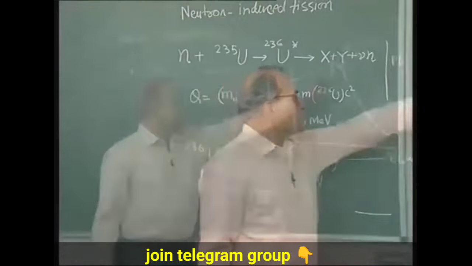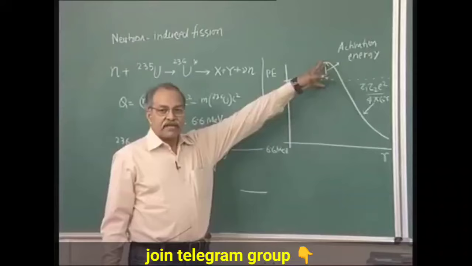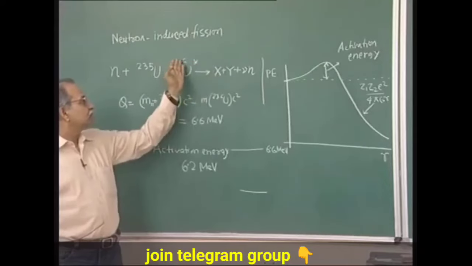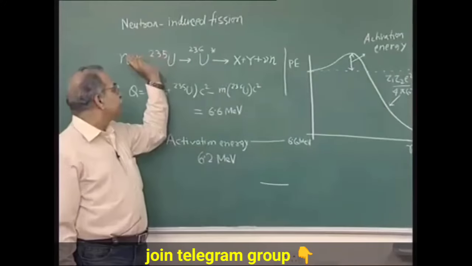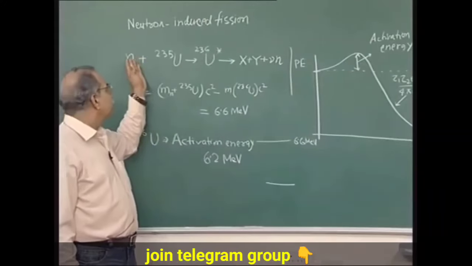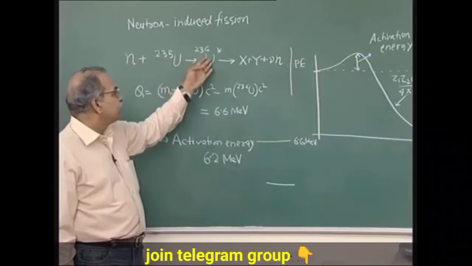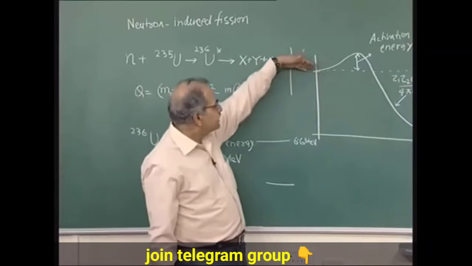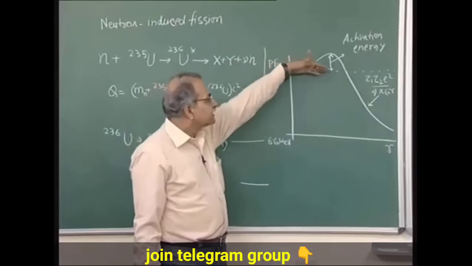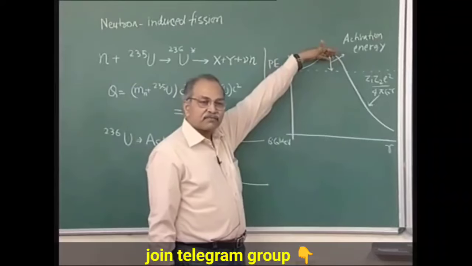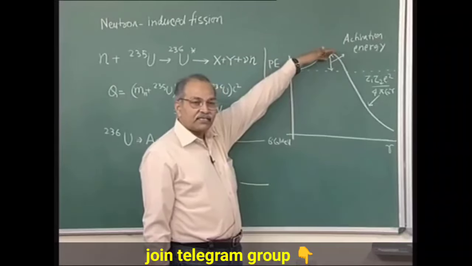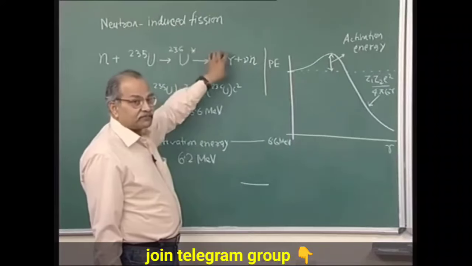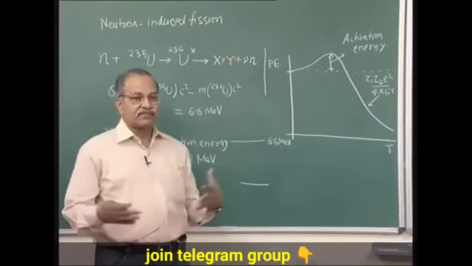So, this activation energy is 6.2 MeV, and the uranium 236 created in this reaction by absorption of a neutron in uranium 235 is created at 6.6 MeV. So, it is created at a higher energy than the highest point of this potential energy function, and therefore for this nucleus there is no barrier for fission, and so it can readily fission.